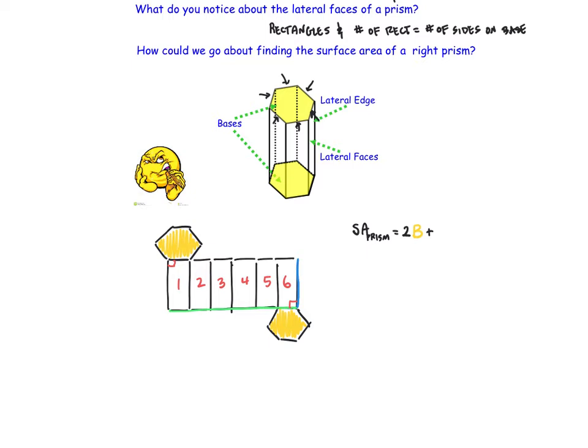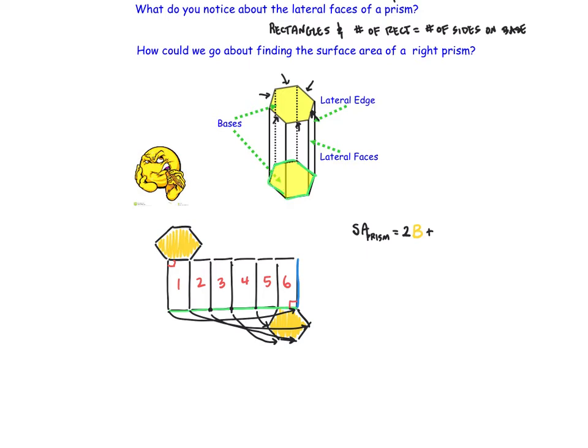So let's think about that green length for a moment. If I were to take this point here and wrap it onto that vertex, this point here, wrap it to that vertex, this point here, wrap it over here to this vertex, and continue that pattern, this green length ends up being the perimeter of the base.